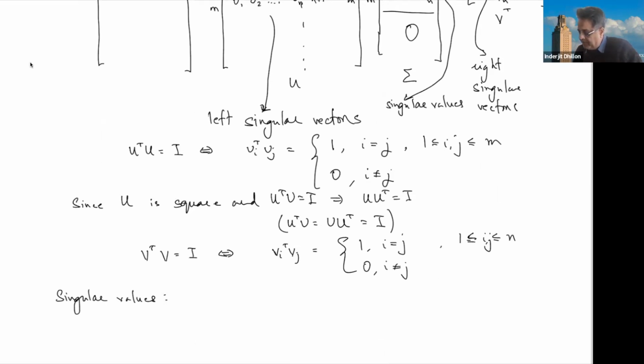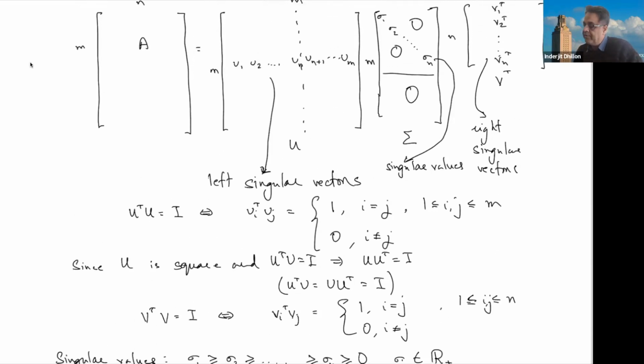So the convention is typically that we'll write it as sigma 1 is greater than or equal to sigma 2 is greater than or equal to sigma n, which is greater than or equal to 0. Okay, so sigma i belongs to R plus. That means they are non-negative numbers. And typically they are arranged in decreasing order.